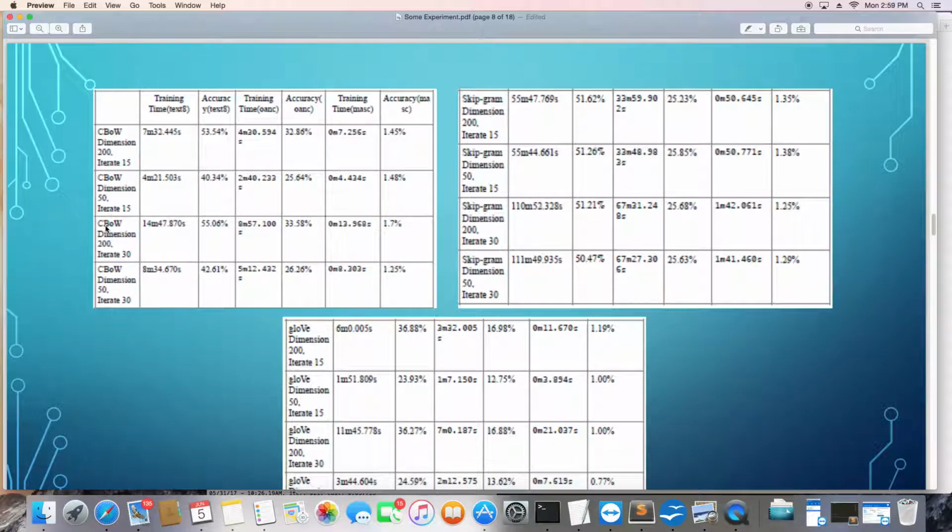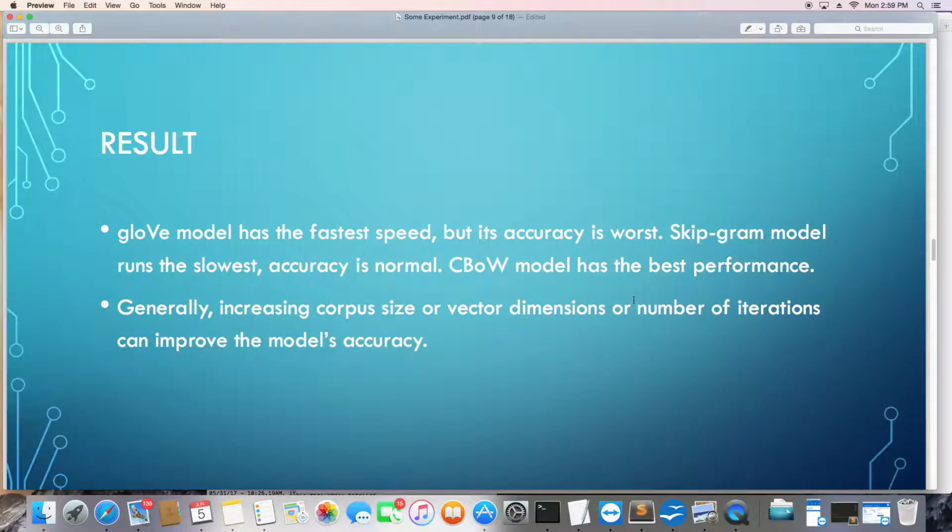And if we increase the iterate to 30, the accuracy is about 55%. So we can say if we increase the corpus size or the number of iterates, it can improve the accuracy.